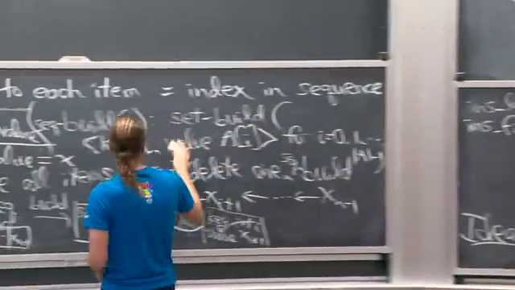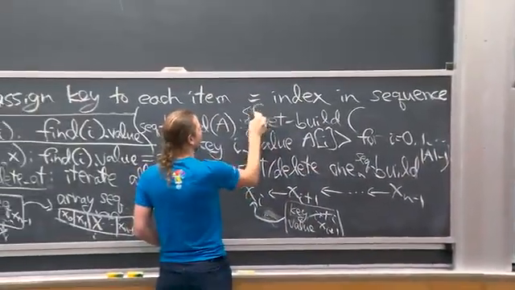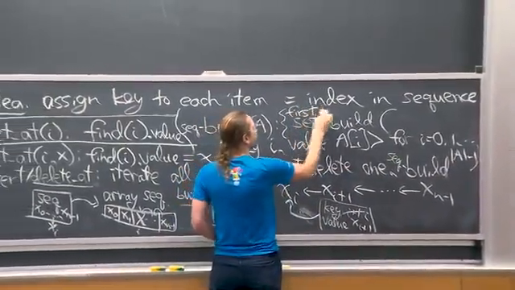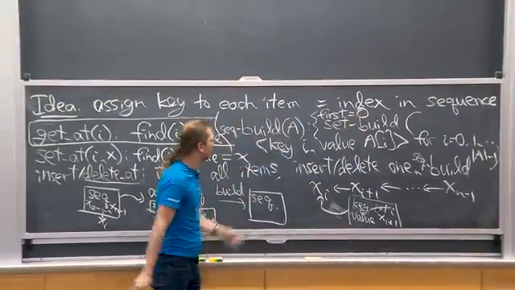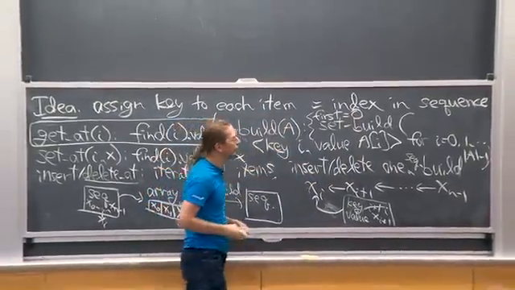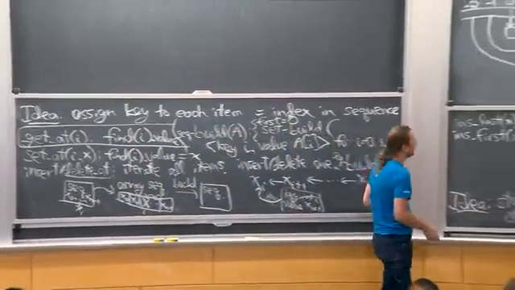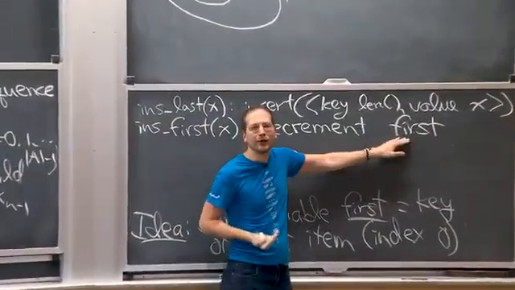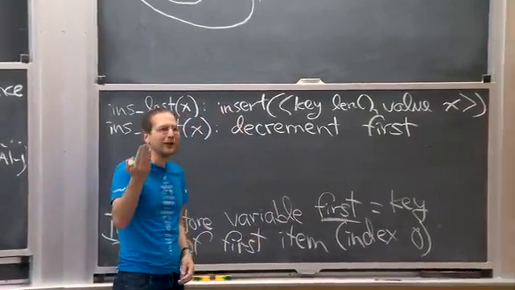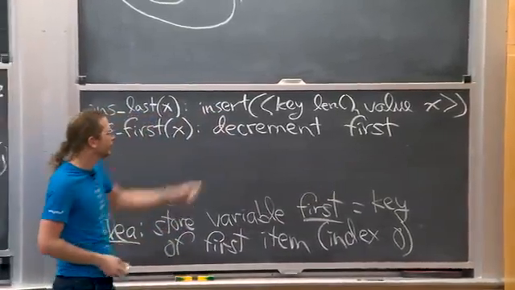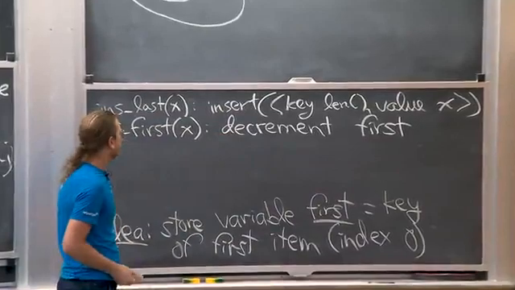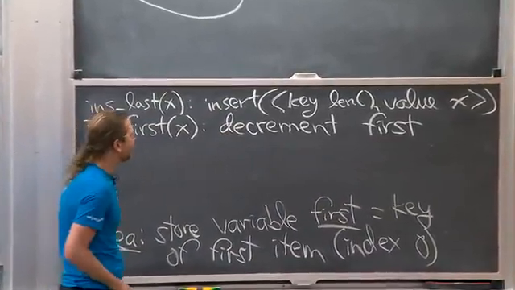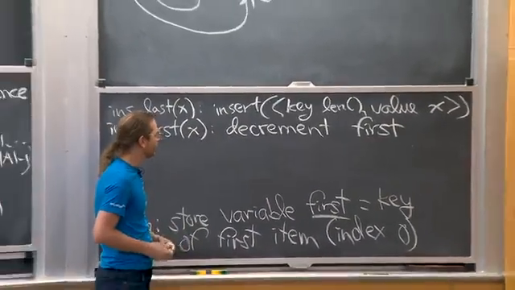So I'm going to add into my build: first equals 0, because I start with key 0 when I initially build a structure. And if I need more room before 0, I just set first to -1. And if I already have a -1 element, I'll decrement it to -2. Decrement means decrease by 1. This shows my assembly language programming. This is usually a built-in operation on most computers.